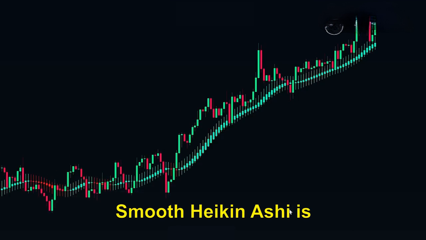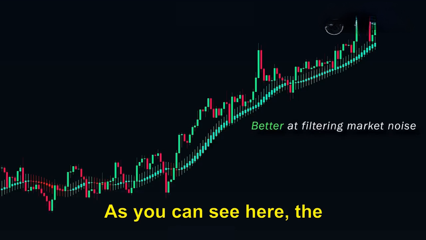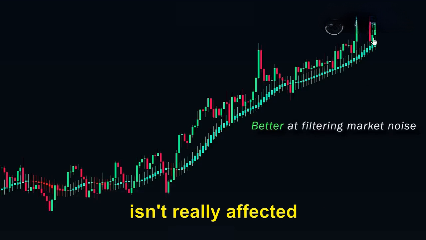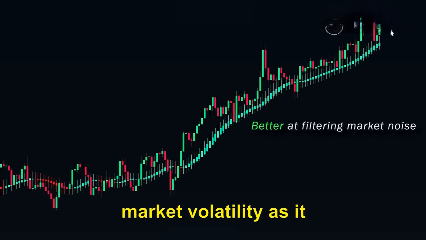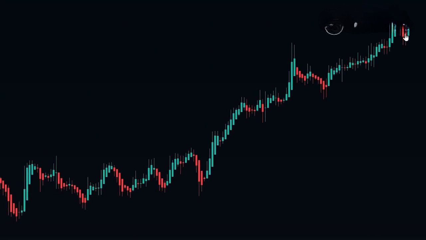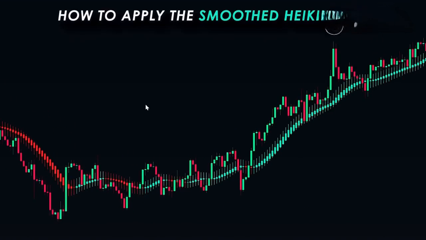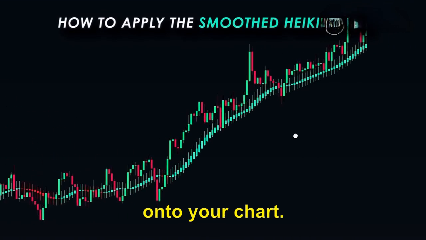Furthermore, the Smooth Heikin Ashi is much better at filtering out noise when the market is volatile. As you can see here, the Smooth Heikin Ashi isn't really affected by the short-term market volatility as it still gave consistent signals, compared to the classic Heikin Ashi, which produces multiple false signals as it reacts more sensitively to short-term volatility.